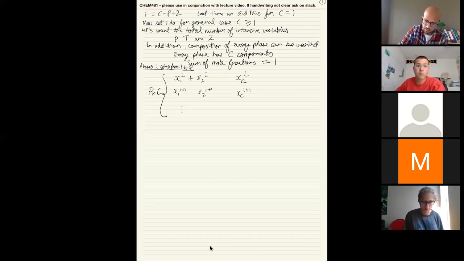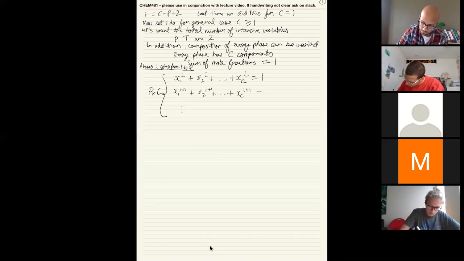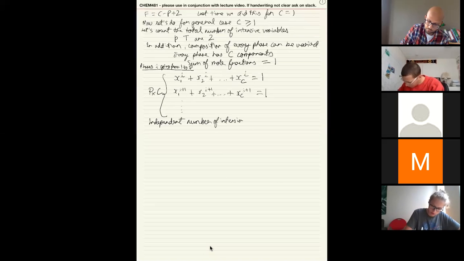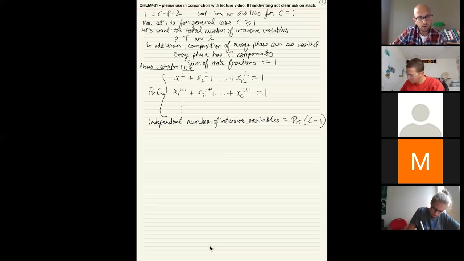However, we have a constraint that inside every phase, this should all sum up to 1. So the independent number of intensive variables is P multiplied by not C, but C minus 1, because for every phase there is a constraint.